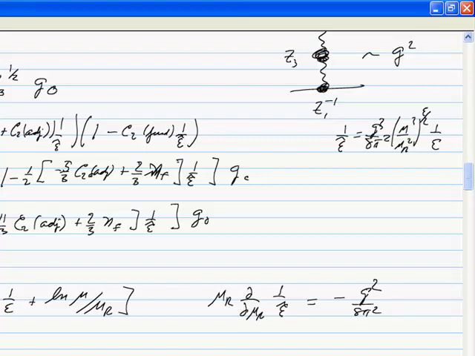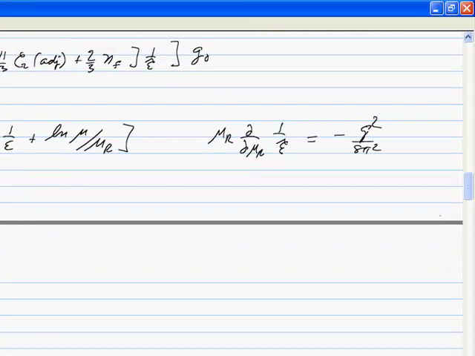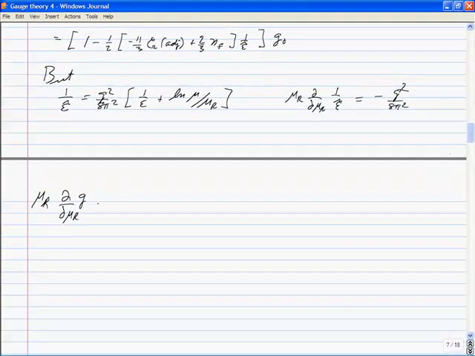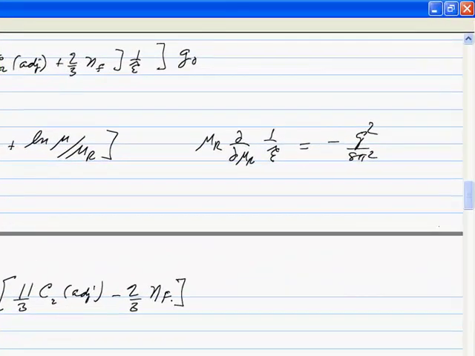We then end up with the renormalization point dependence of g renormalized equals, well, it turns into minus g cubed over 16 pi squared, 11/3 C2 adjoint minus 2/3 the number of fermions, and that guy's just n.